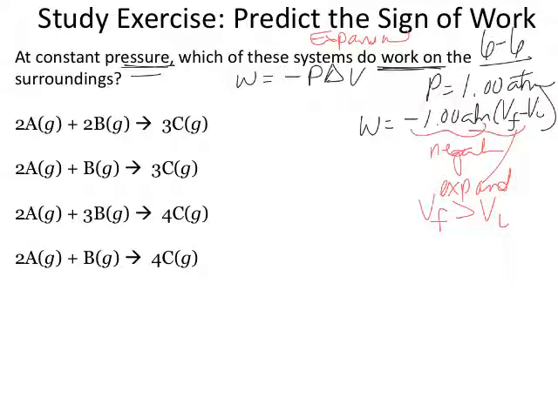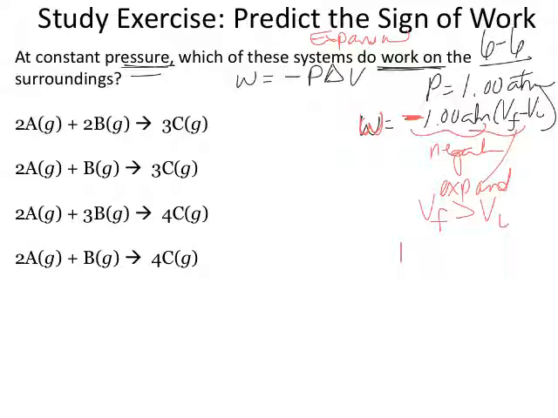That's the only way you're going to get negative work because of that negative sign. If V initial is greater than V final, it's going to be a negative quantity, and a negative times a negative would then be positive. So this V final needs to be greater than V initial.